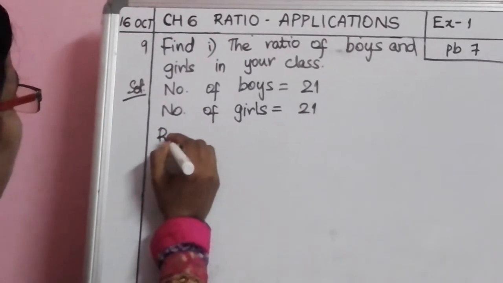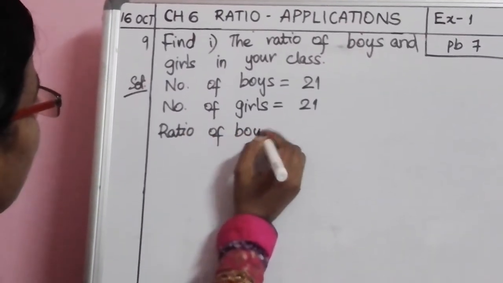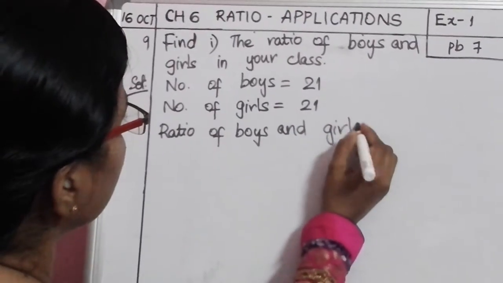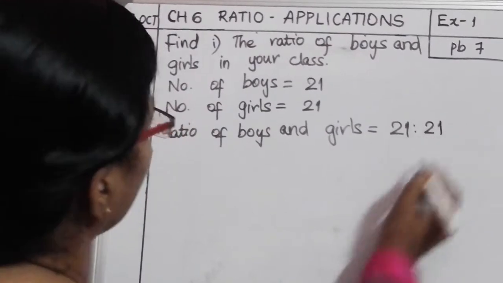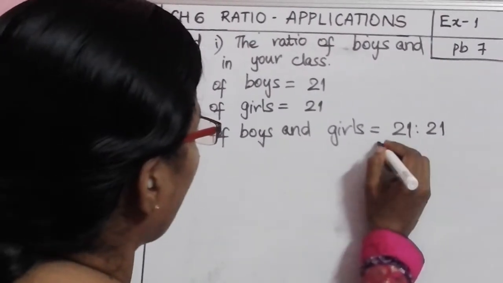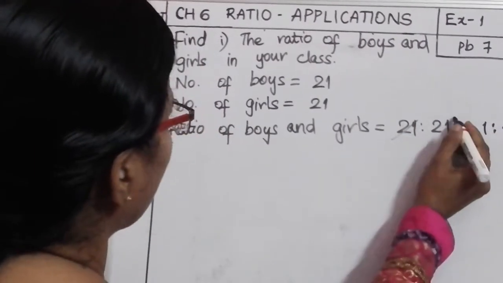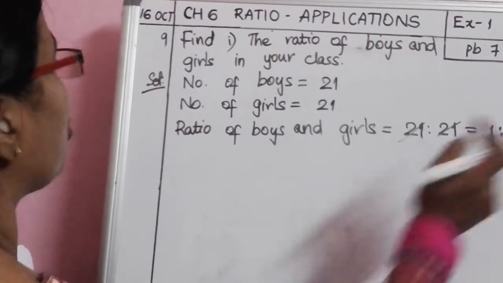So, ratio of boys and girls is equal to 21 is to 21, this is nothing but 1 is to 1. Both I am going to cancel in 21 table. So, I got it as 1 is to 1.